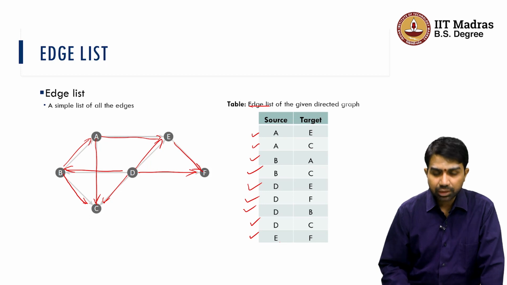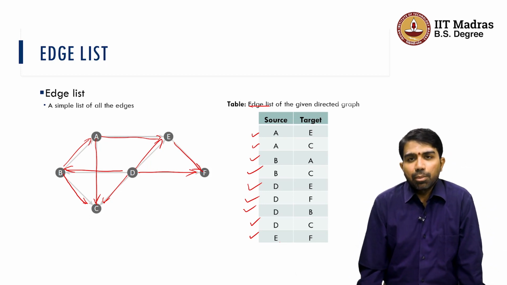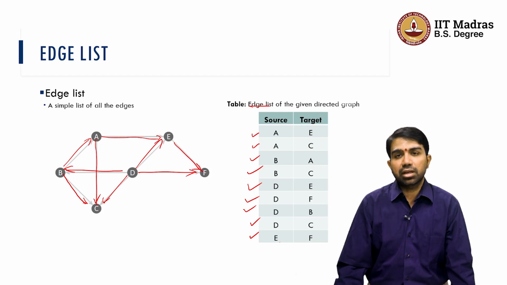These are all captured in the edge list. The edge list is but the simplest way to represent a graph.